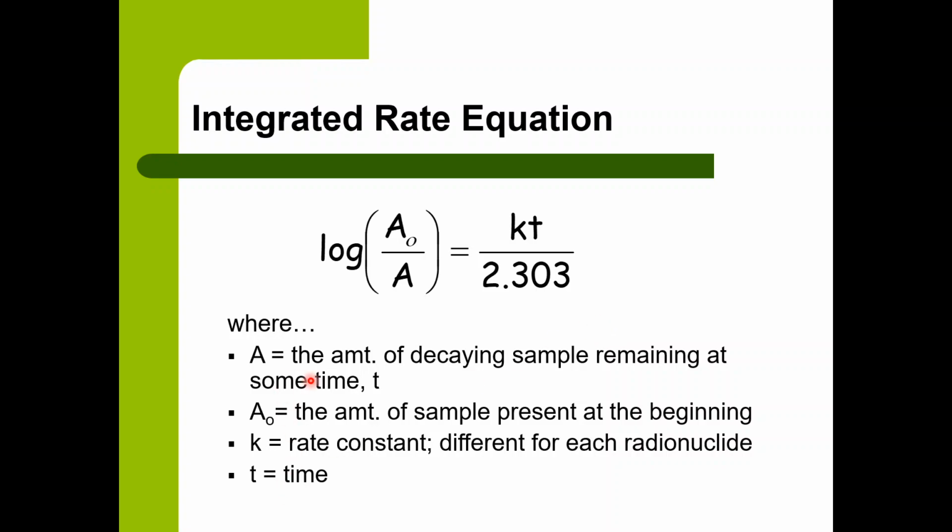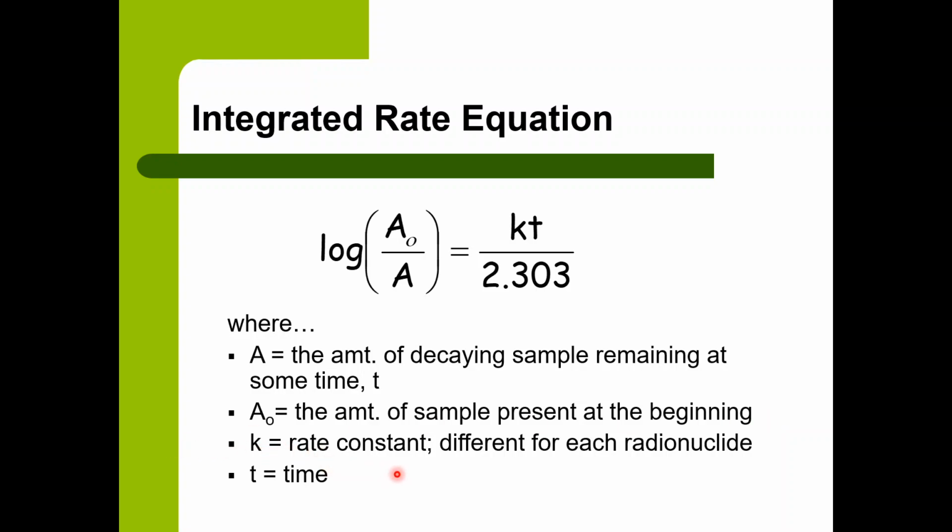Now, what is A? A is the amount of decaying sample remaining at the time of T. So this A is how much of the sample we have left in its original form. A naught is the amount of sample present at the beginning of when we started looking at it. Now, K is interesting, and K is the rate constant.